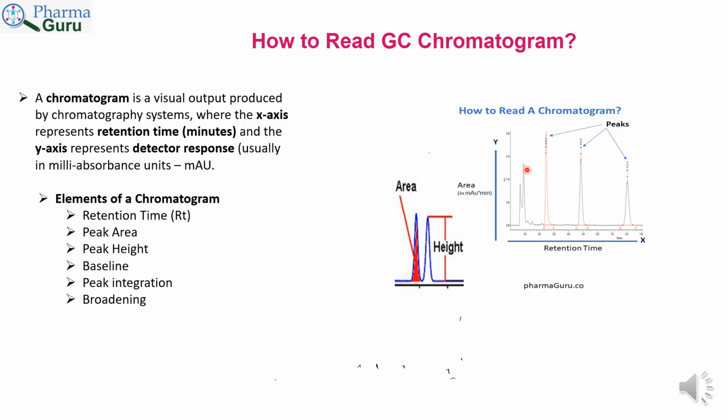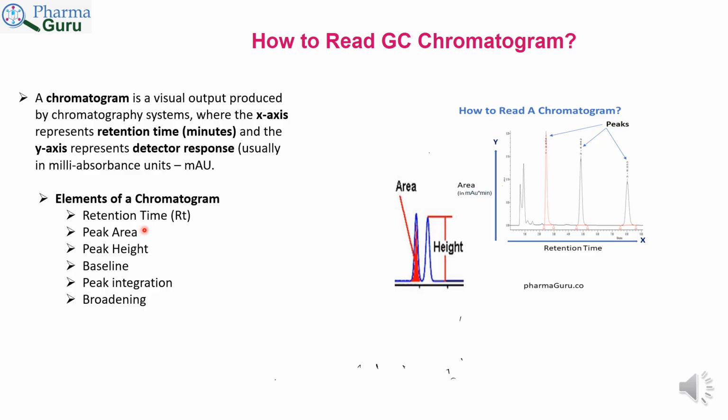Suppose this peak is eluting at 10 minutes, then 10 minutes will be retention time of this peak. Similarly, if this peak is eluting at 17 minutes, then RT of this peak will be 17 minutes.